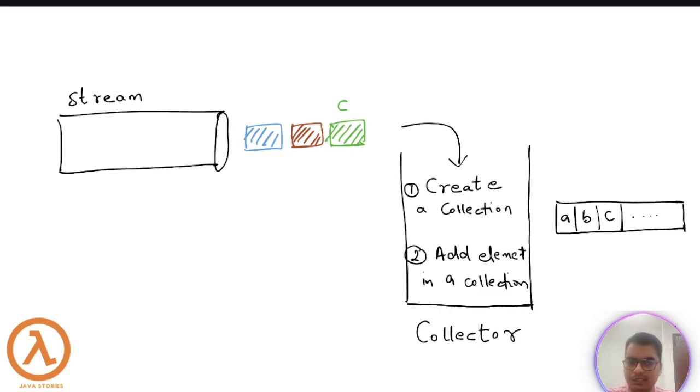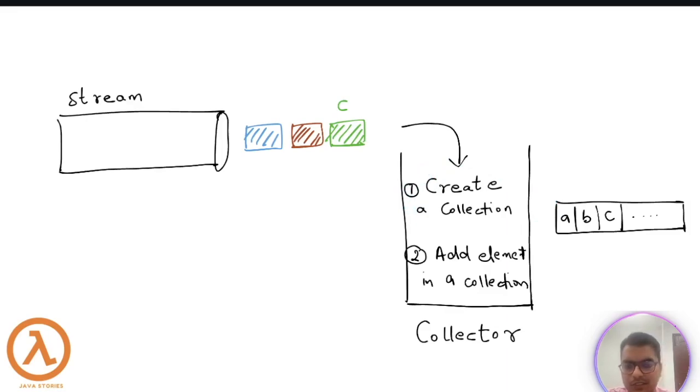So consider this like a stream of characters which we are receiving: A, B and C. Then as soon as we do collectors.toList, what is actually happening inside that? Let's see this. First of all, the collector APIs first create a collection. This is what we call a supplier.